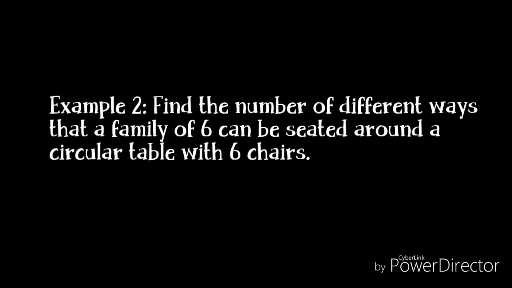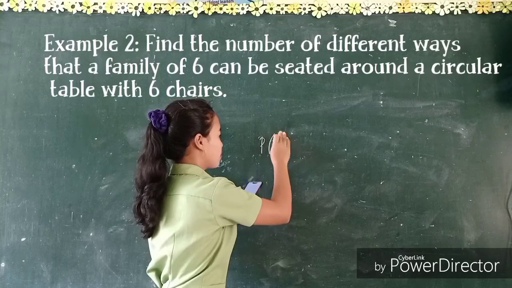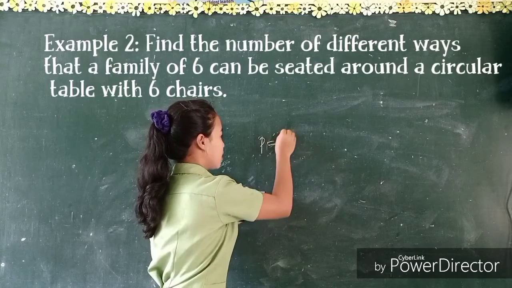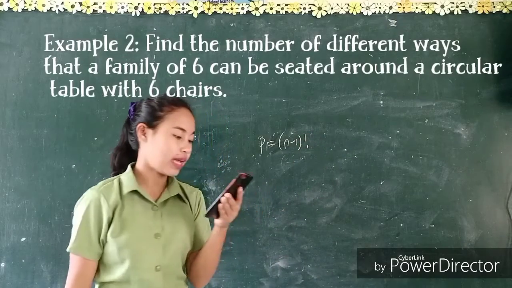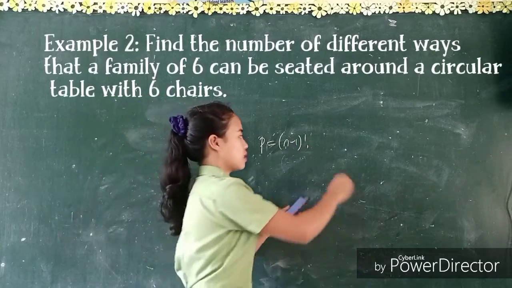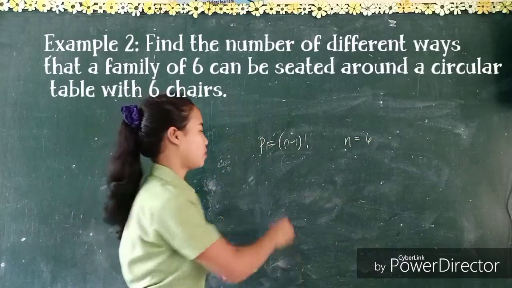To find the number of different ways that a family of 6 can be seated around a circular table with 6 chairs. So our formula is P is equal to n minus 1 factorial. So our n is 6. So substitute to our formula.